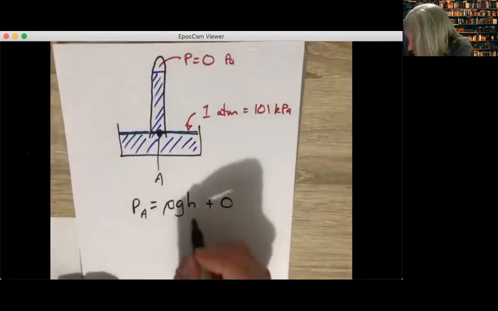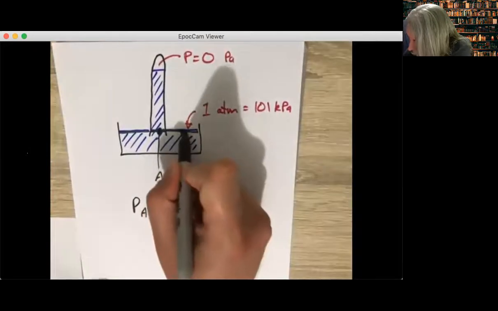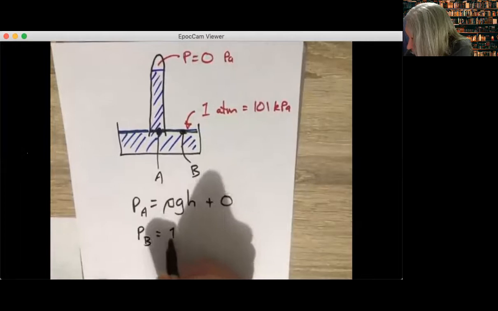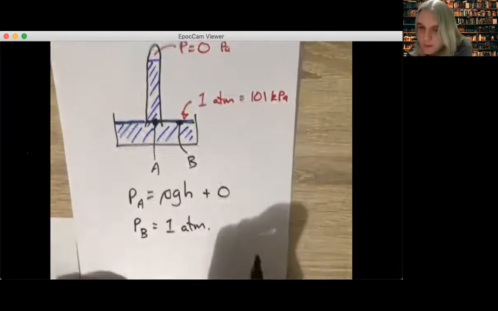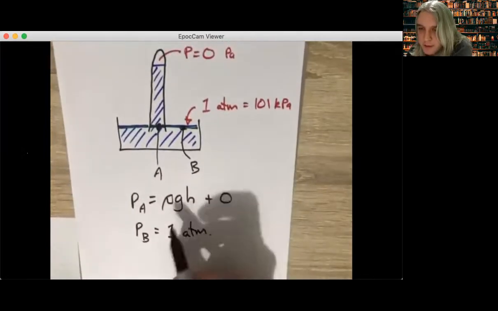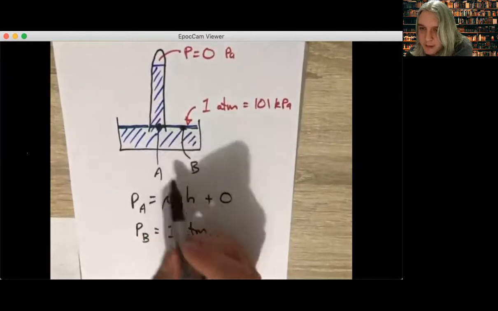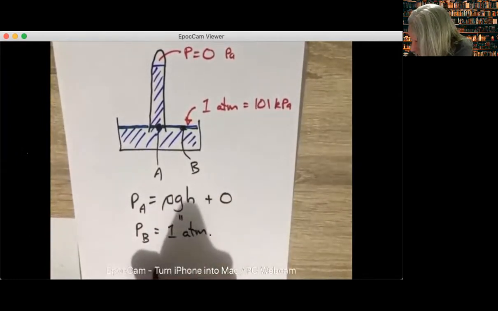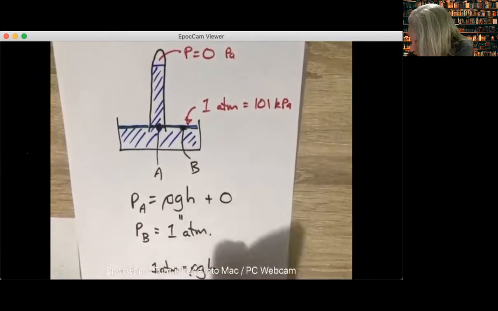And then if we call this point here B, the pressure at B is equal to 1 atmosphere. That means that because A and B are equal, we can say that those are equal. So we have that 1 atmosphere is equal to rho gh.